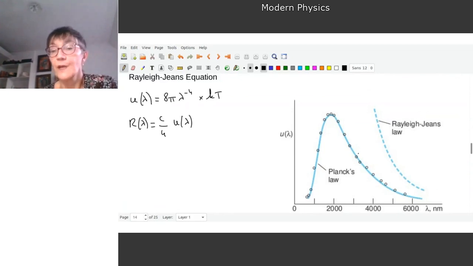And so you have the same kind of curve, and what you see here is, this is lambda, you have U as a function of lambda. So when lambda goes to 0, small lambda, high frequencies, it doesn't work.